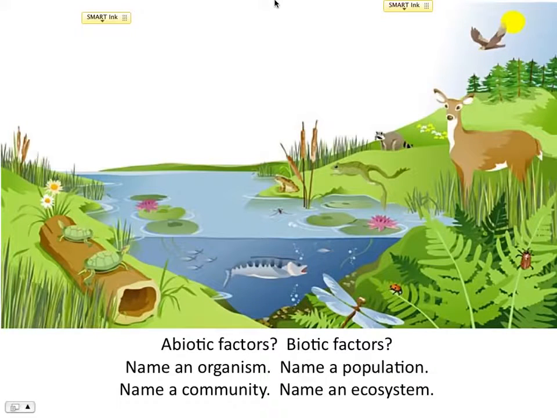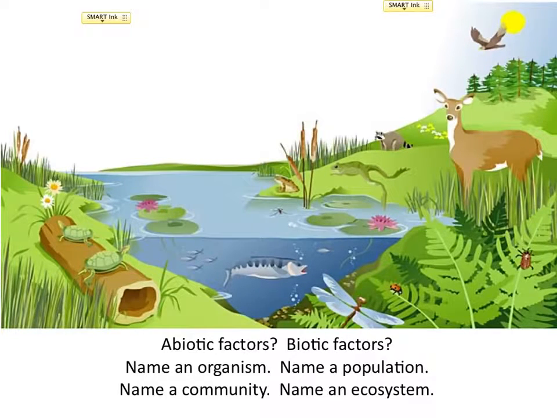So I'd like you to identify as many abiotic factors as you can see, as many biotic factors, and then to name an organism, a population, a community, and an ecosystem. So what you can do now in the video is pause and then take as long as you need to do this part, and then you can unpause it.